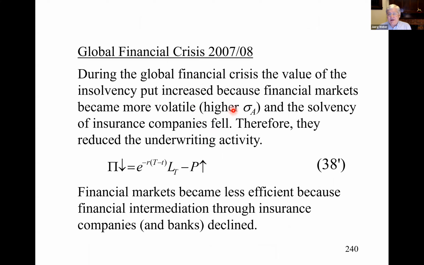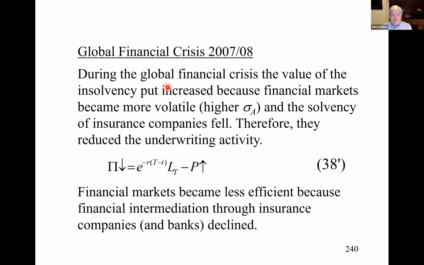So sigma A increased, markets become more volatile, which means the value of an insolvency put increased. When markets are more volatile, then you're happy to have a put option, it gives you the right to sell. And you still can actually sell at a higher price, maybe when the markets have fallen because they are volatile.